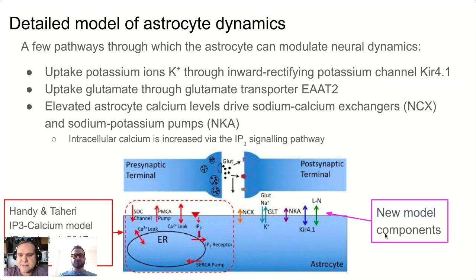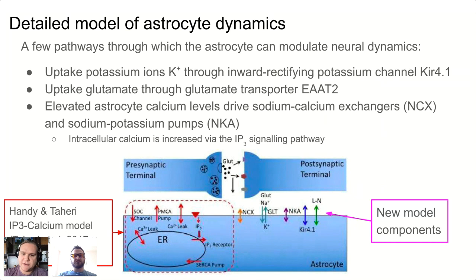To do that, we need to add new model components: various transporters, exchangers, and pumps that relate that calcium increase to changes in the other ionic species within the synaptic cleft.